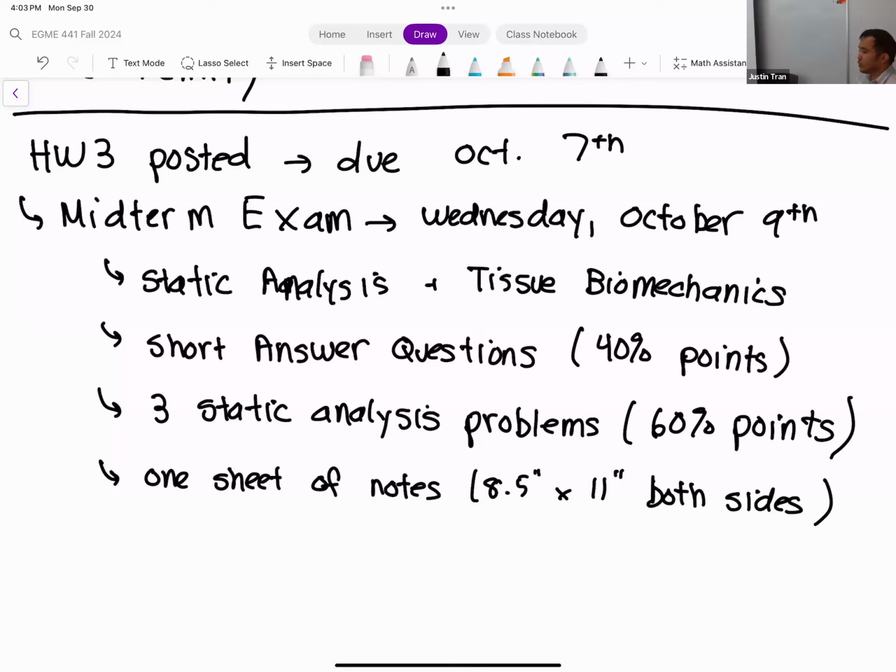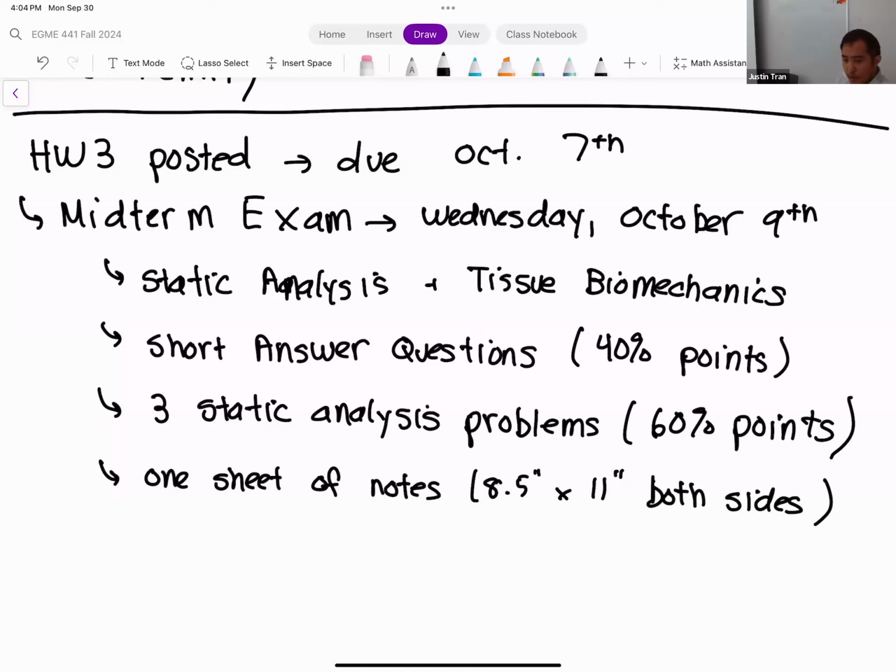You can write it or type it, whatever is most comfortable for you. I allow the cheat sheet for my exams mostly because there are a lot of equations that go with it, so I let you write your own equations.